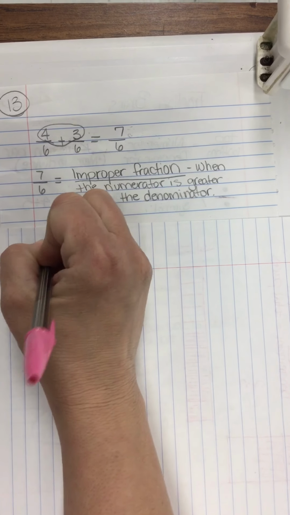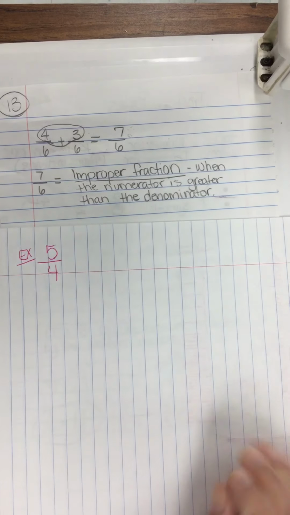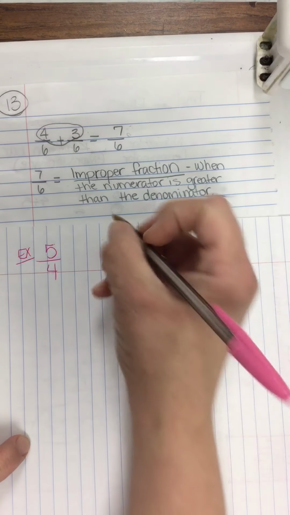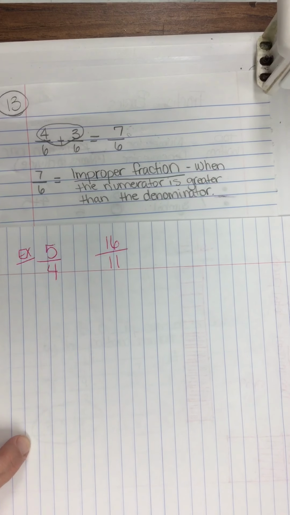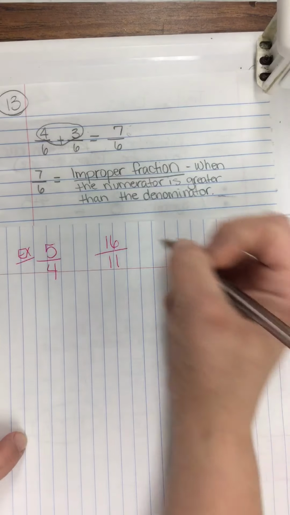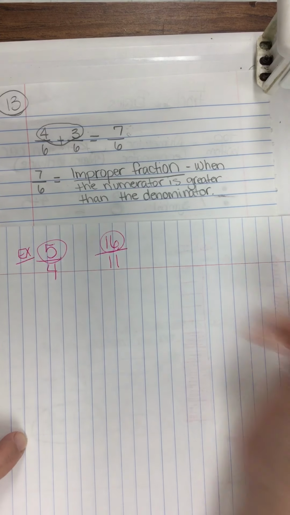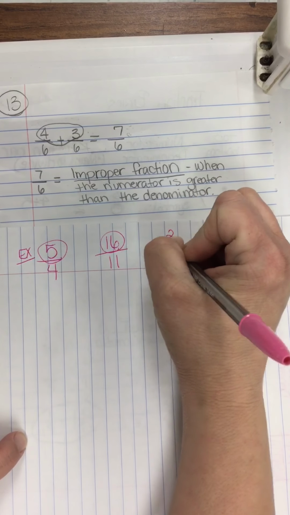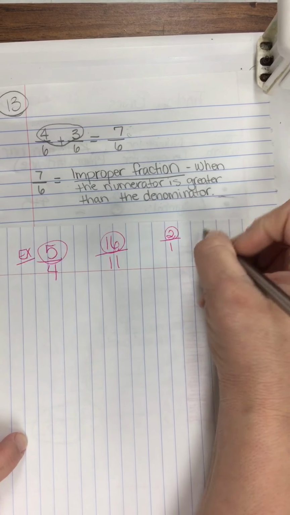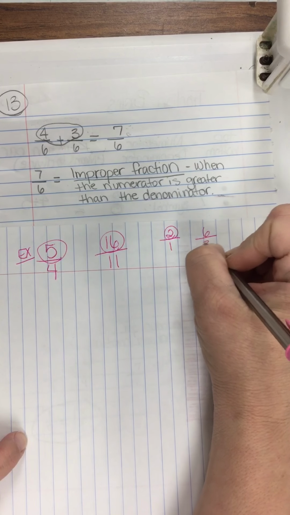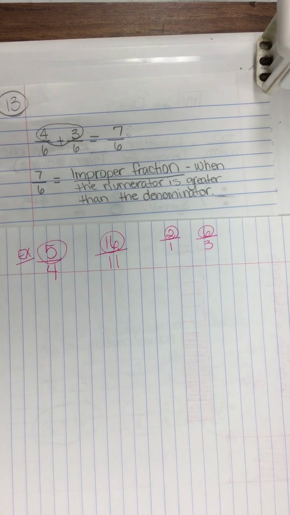So 5/4 is an example of an improper fraction. 16/11 is an example of an improper fraction, anytime that numerator is bigger than your denominator. 2/1: the numerator is bigger than the denominator. 6/3: the numerator, which is the top number, is bigger than the denominator.